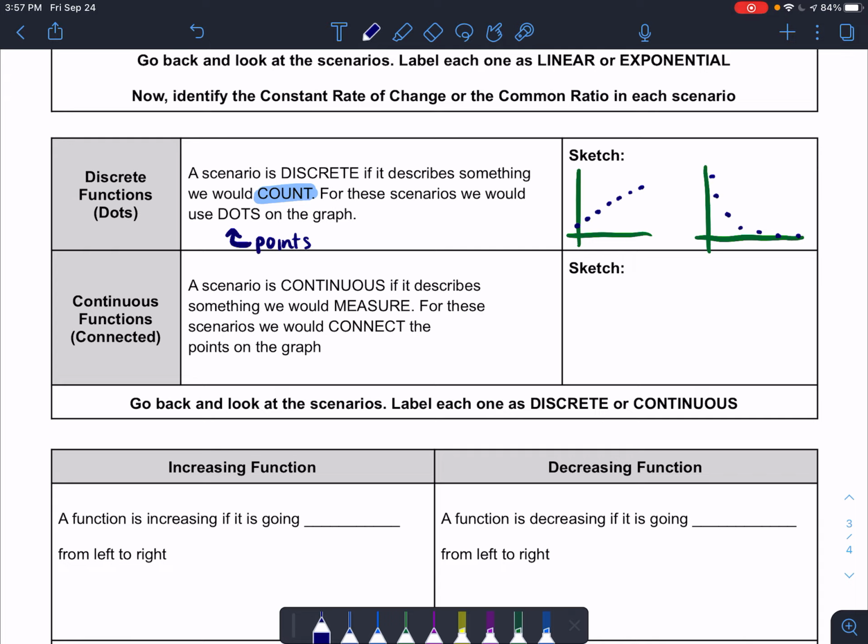Now, on the other side of it, though, the new thing that we're going to talk about here is when something is measurable, we incorporate this new word of continuous, okay? And what do we mean by that? Well, when you can measure something, these are the situations where now I would connect my points. And I'm going to describe that a little better in a moment after I sketch my pictures, okay?